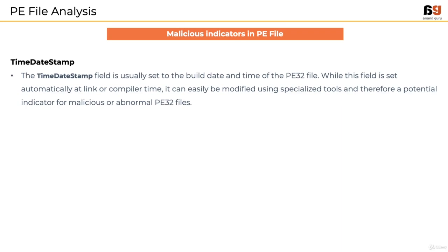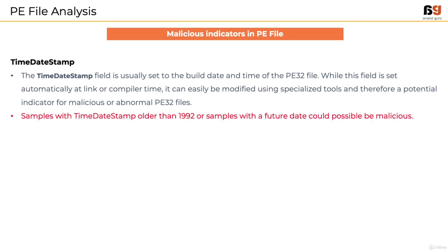This is usually set during the compilation process, but it can easily be modified by some specialized tools. If the value is older than 1992 or set to a future date like 2022, it could possibly be a malware file.